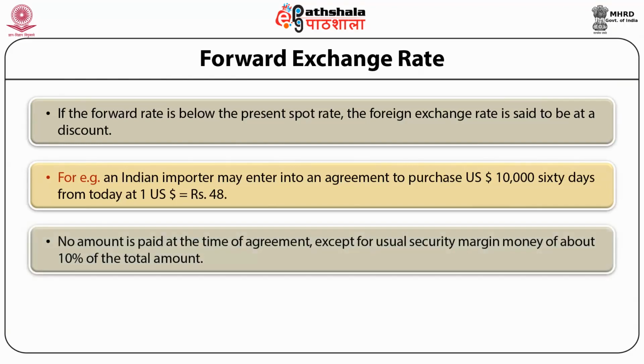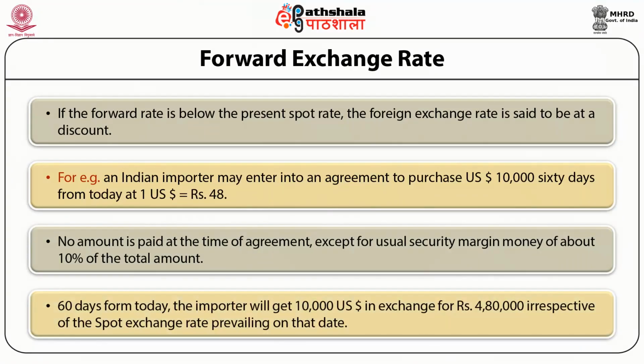No amount is paid at the time of agreement except for the usual security margin money of about 10% of the total amount. 60 days from today, the importer will get 10,000 US dollars in exchange for rupees 4,80,000, irrespective of the spot exchange rates that will be prevailing on that date.